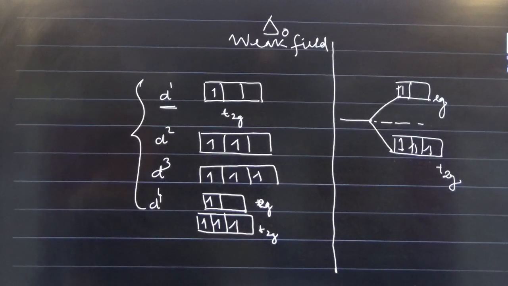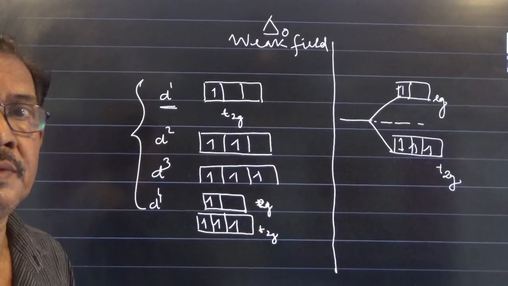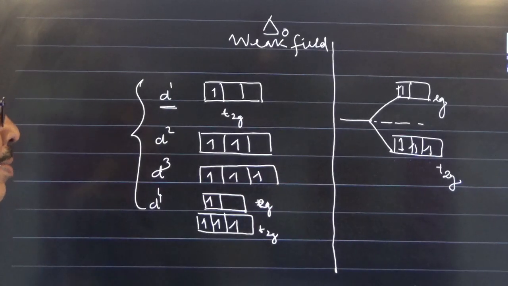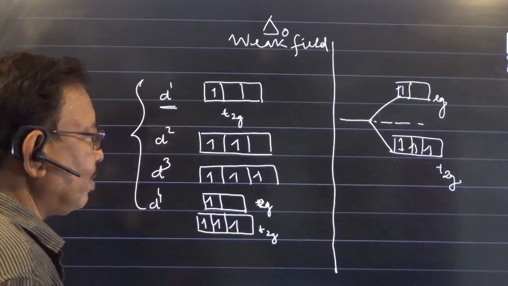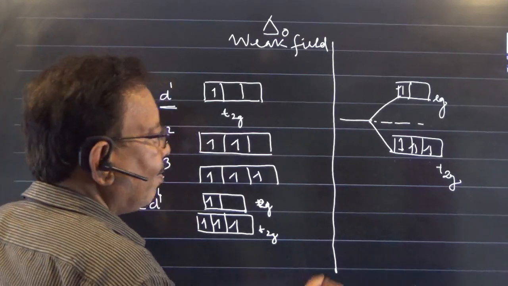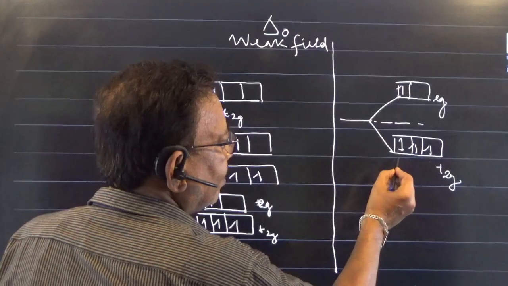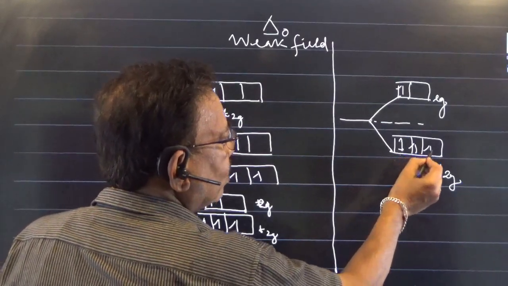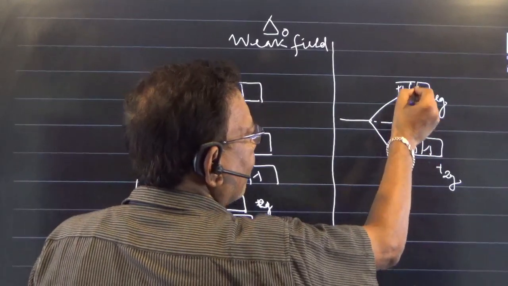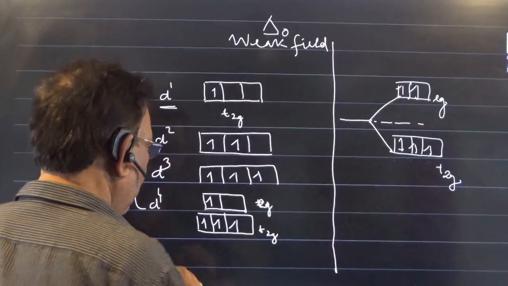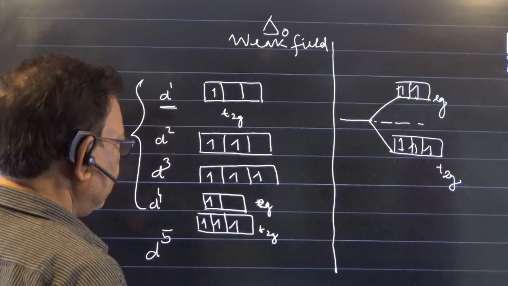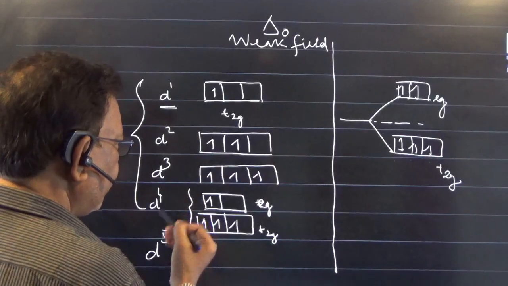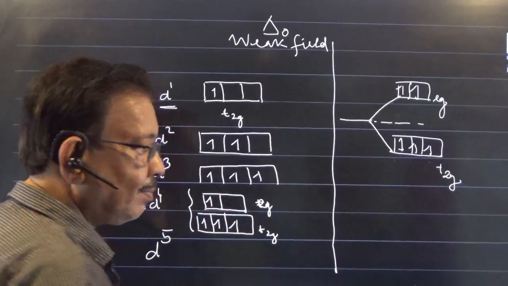Now I am coming to D5. Look here at D5. Come to the rough side: 1, 2, 3, 4 and 5. So can you write D5 on your own? This is D4. D5 you write.